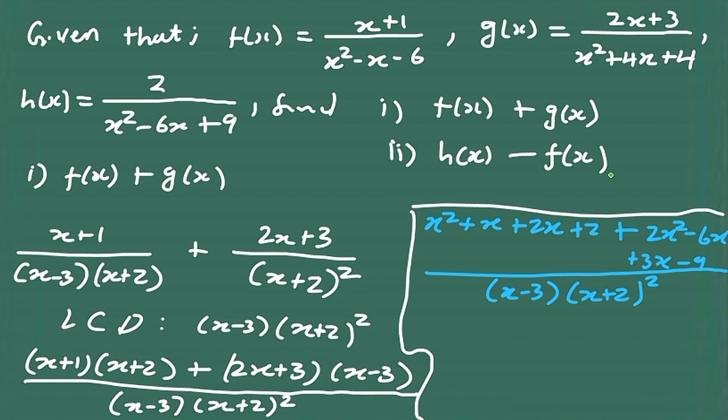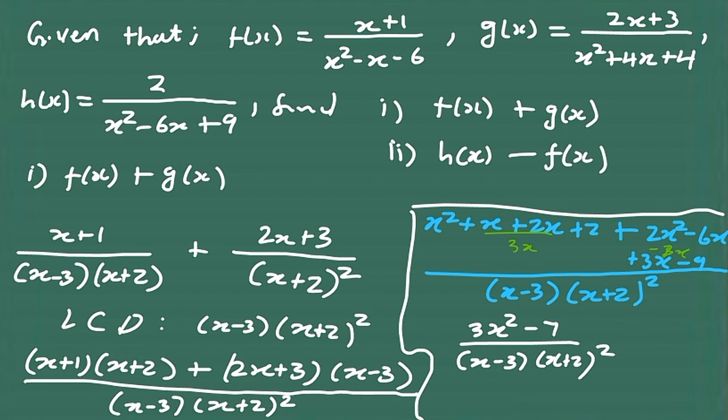Okay, so let's group like terms. We have here positive 3x, minus 6x, plus 3x, so we are going to have 0x. Now what we are left with is 2x squared plus x squared, which will give us 3x squared, and 2 minus 9 will give us negative 7. All this is being divided by x minus 3 times x plus 2 all squared.